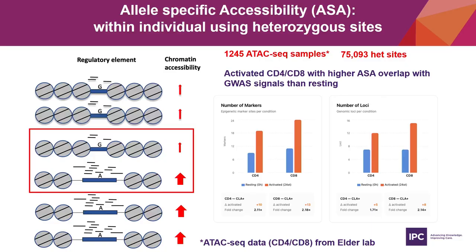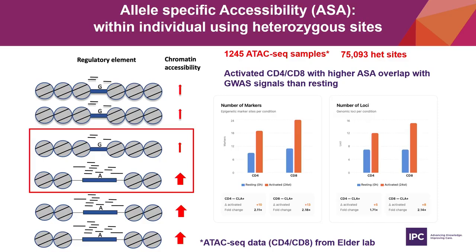So we looked into a data set from Dr. Alder's lab in Michigan. They profiled over 1,000 ATAC-seq data sets, and we tried to look into how many of those are overlapping with allele-specific chromatin accessibility sites. There are over 1,000 data sets with 75 heterozygous sites that we identified.